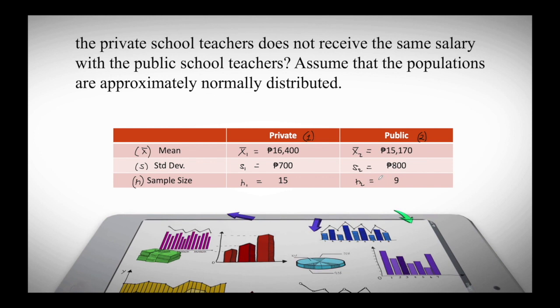Let's have our solution. For the first part of our solution, just like on our previous topic, we have H sub 0 for the null hypothesis, and for the alternative, we have H sub 1.